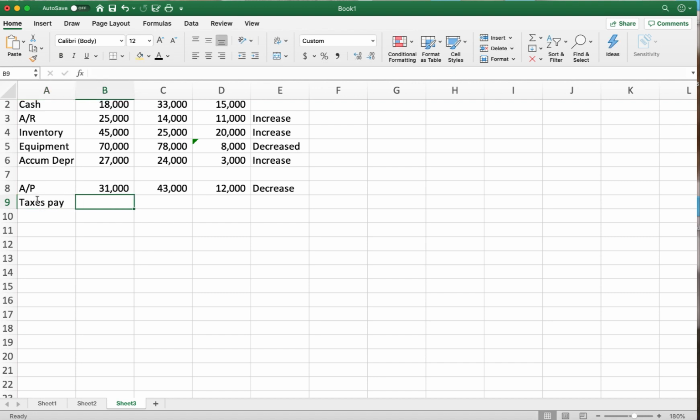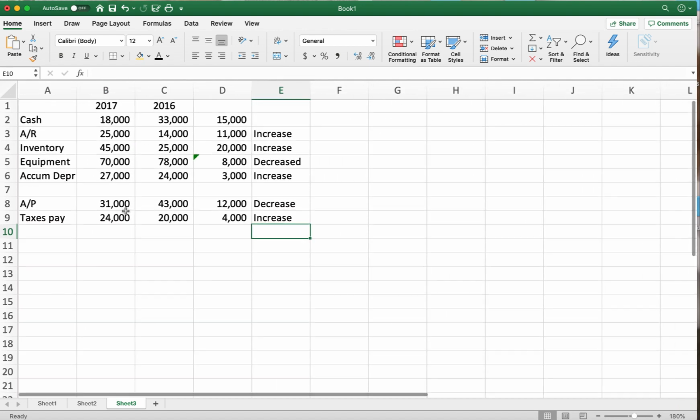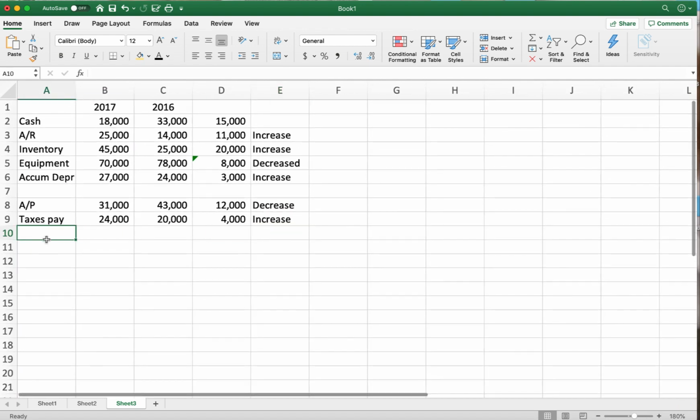So the income taxes payable ended up being 24,000 in 2017, but in 2016 it was 20,000, right? So it increased by $4,000. So I'm taking the difference, 4 grand. Yep, I'm going to note that's an increase. Okay, sorry about that.